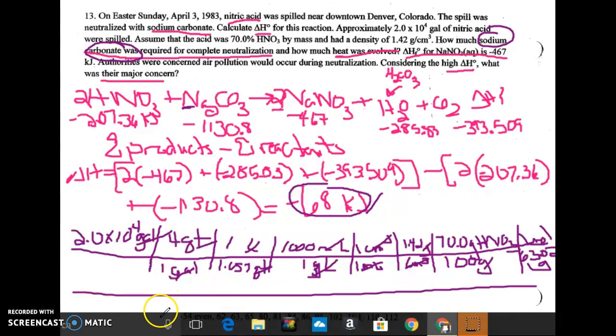So I have 2 moles of HNO3 for every 1 mole of sodium carbonate. So I have to convert what I've got. Okay.